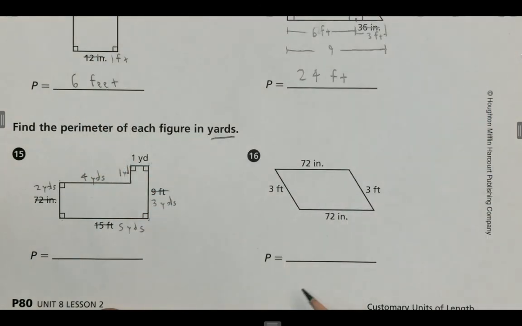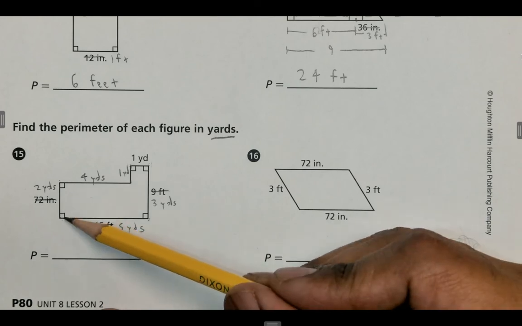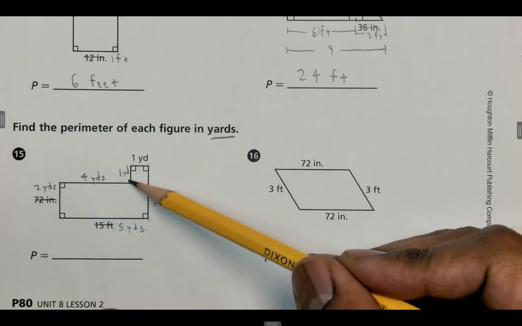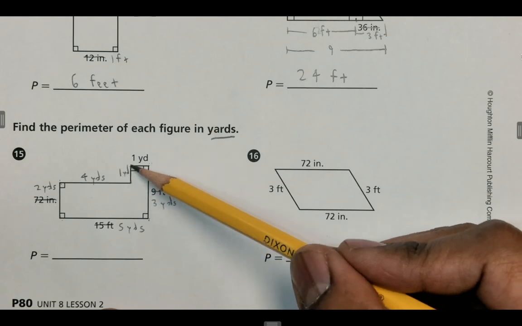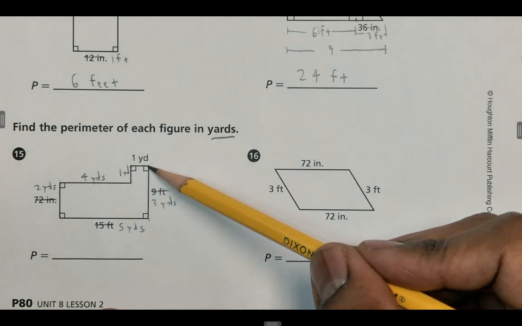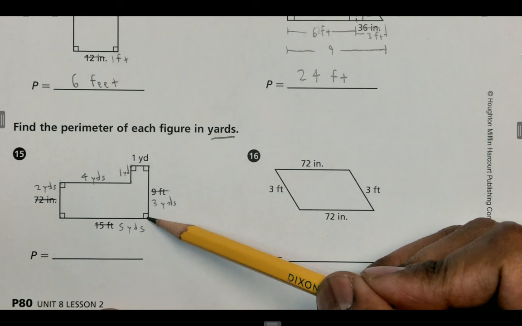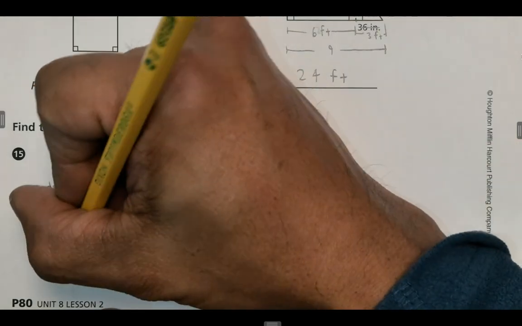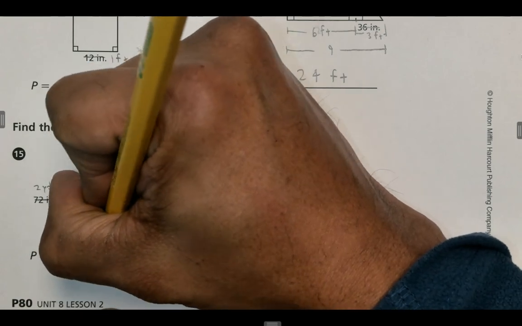Let's total it up. If I start down here, I've got 2 plus 4 is 6, plus 1 is 7, plus 1 is 8, plus 3 is 11, plus 5 is 16 yards.